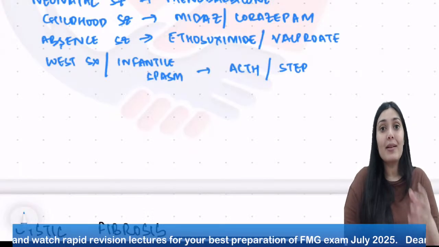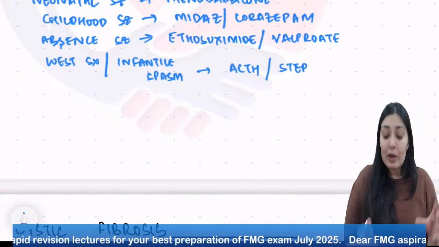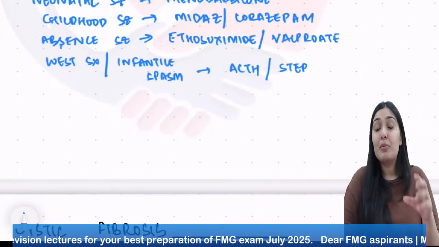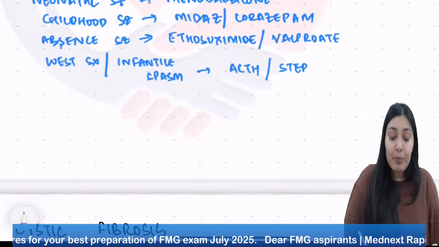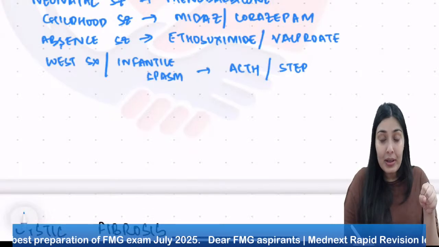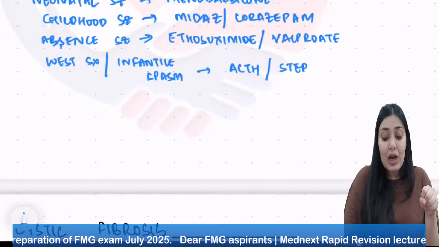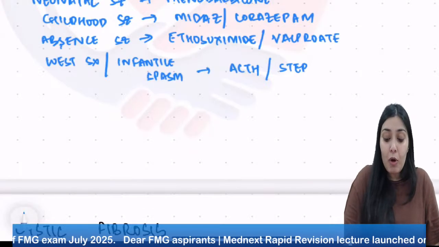What happens over here? The name itself, congenital hypertrophic pyloric stenosis. So at the pyloric end of the stomach, there will be hypertrophy of the circular muscles. And because of this hypertrophy, what would happen? There will be gastric outlet obstruction. So the child will vomit out whatever the child is having. So there will be recurrent vomiting.